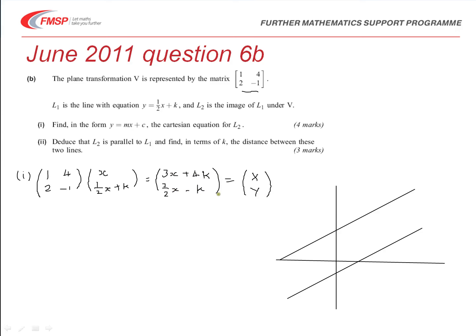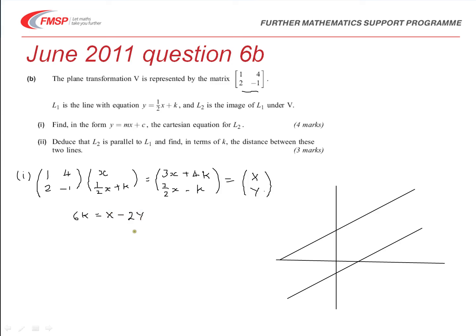So if we double this second equation and take it away from the first, we'll have 3x, and then twice the 3 over 2x will give you a 3x, so when they're subtracted they disappear. So we got 4k minus 2k, which will give us 6k, equals big X minus 2y.